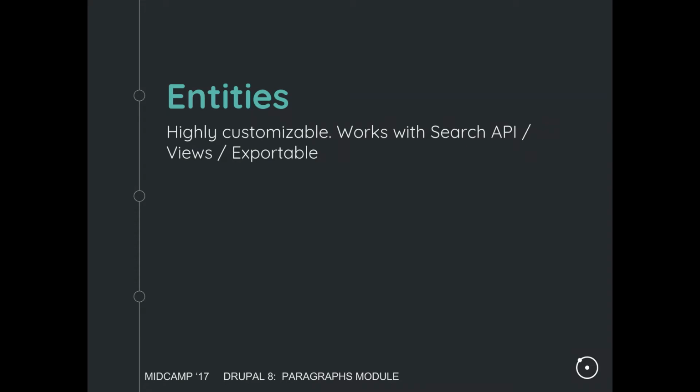Because they are entities, it works with the search API. You can query them with views, and you can also export them with features. So if you have your standard set of these paragraph types, you're able to export them to another environment or another site. So you have your standard base site of paragraph types, and then you can expand upon that, which is awesome.